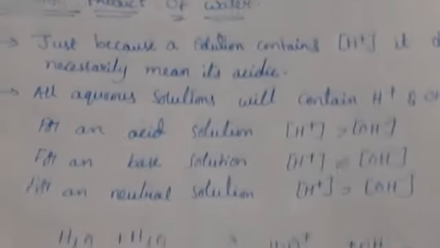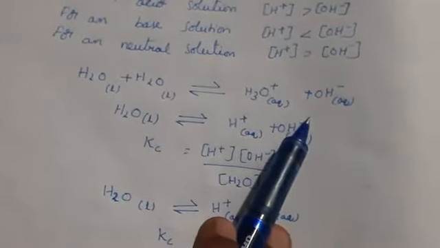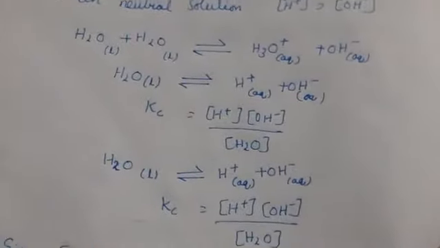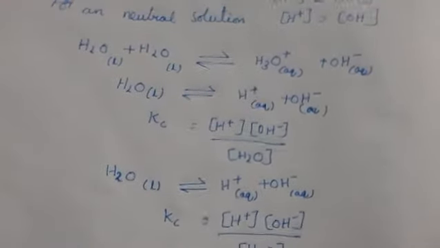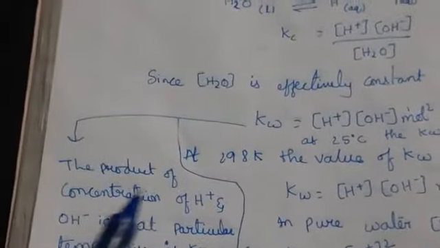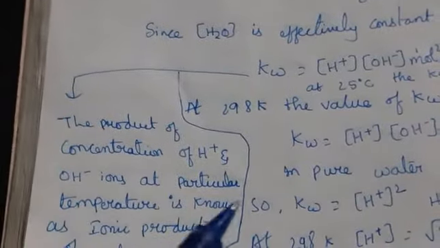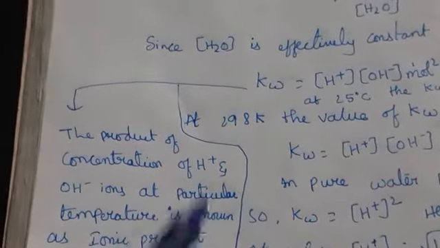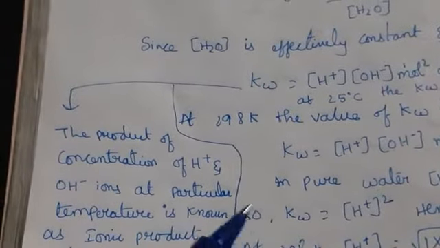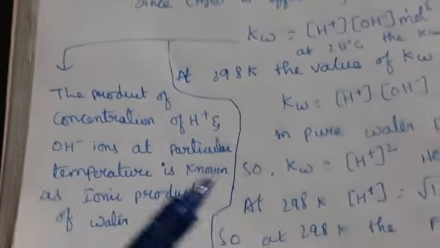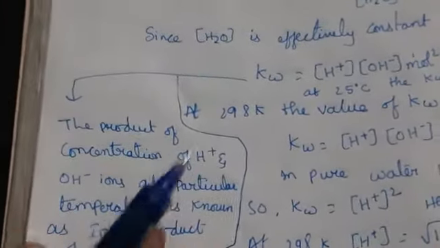It is the product of the concentrations of H plus and OH minus, or hydronium ion and hydroxyl ion, at a particular temperature in pure water or aqueous solution. We call it the ionic product of water.